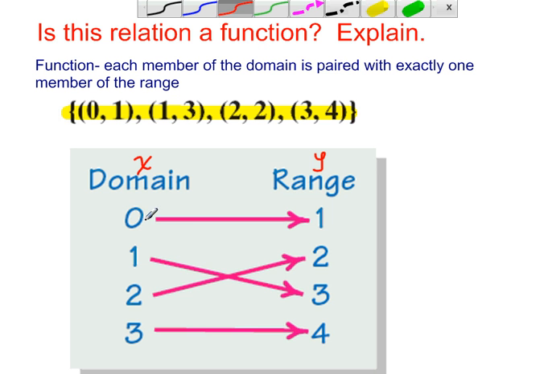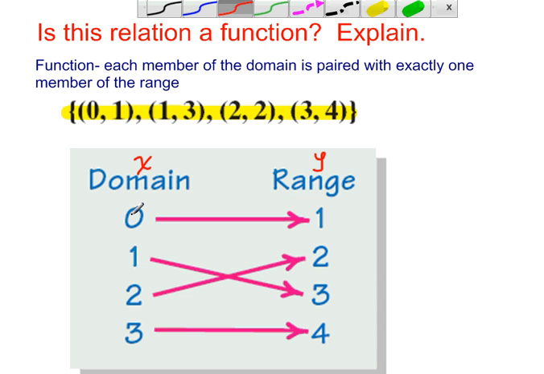Each of our domains, and we're just drawing arrows. The arrows represent a number of ordered pairs. So we have 1, 2, 3, 4 ordered pairs. We need to have 1, 2, 3, 4 lines. Since none of our x's and y's repeat, we also have 4 domains and 4 ranges. And then we just pair them up. 0 is paired with 1, 1 pairs with 3, 2 with 2, and then 3 with 4.